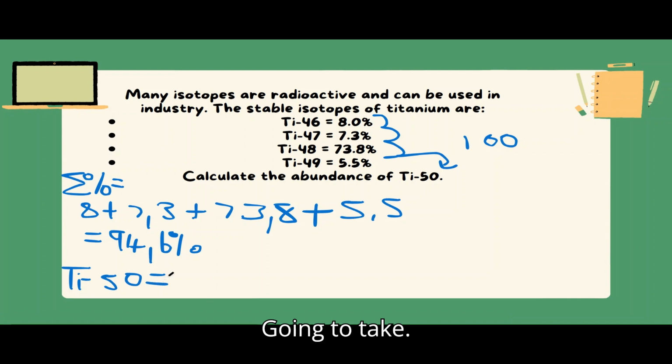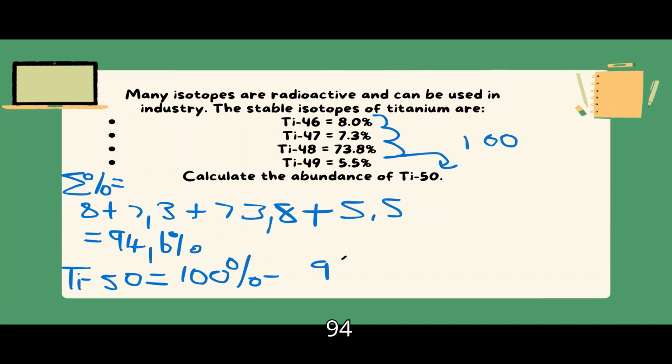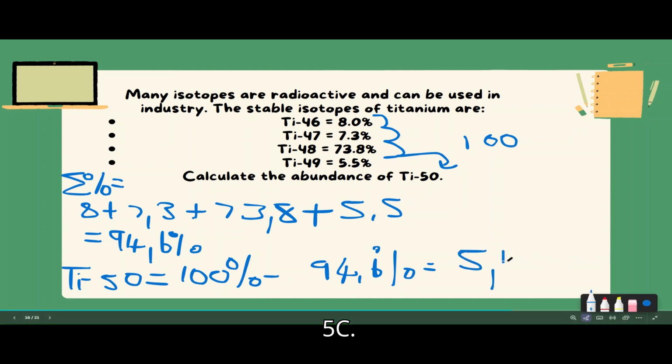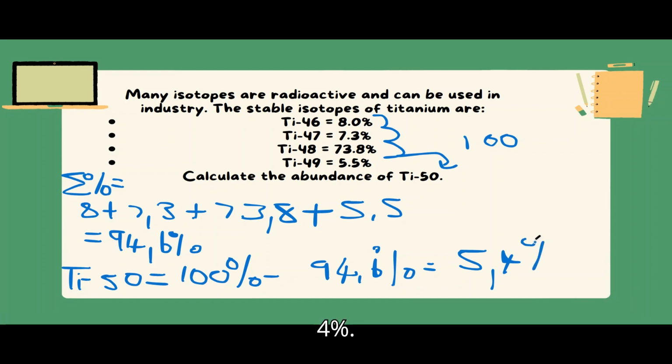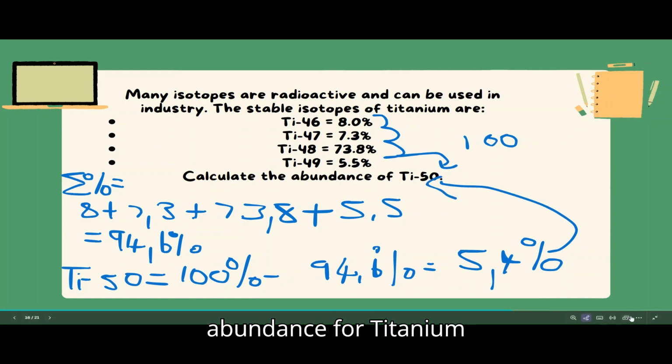We're going to take the 100% minus 94.6 to get the abundance of titanium 50. That will give us 5.4% would be the abundance for titanium 50.